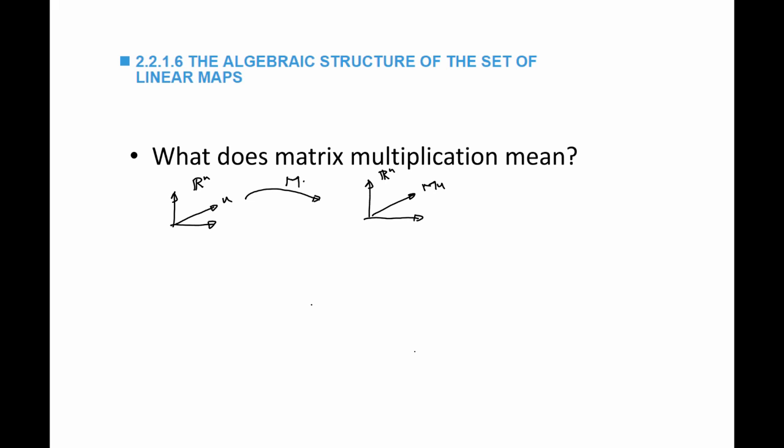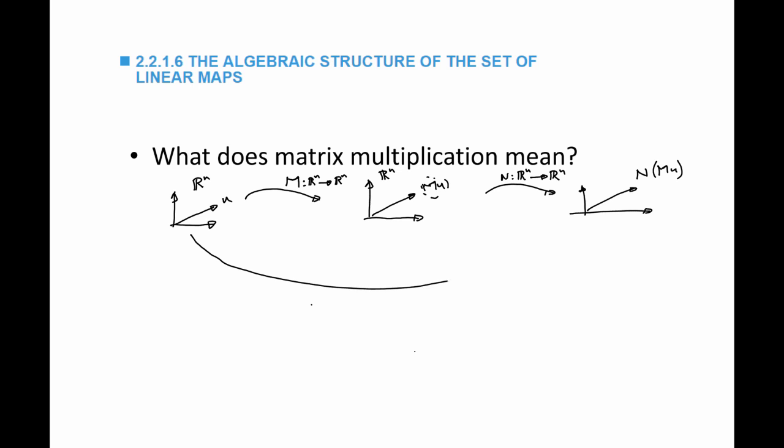So M, let's say, is from Rn to Rn. And let's say I have another matrix, N, also from Rn to Rn, that takes this vector and gives me another vector, N M u.